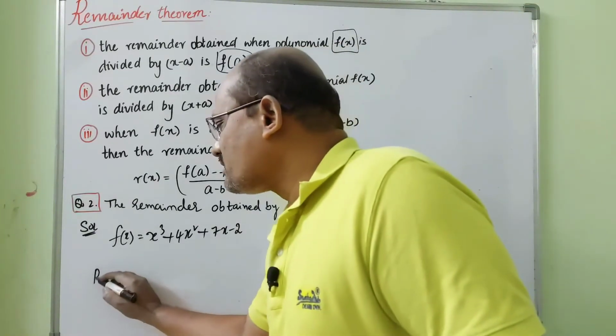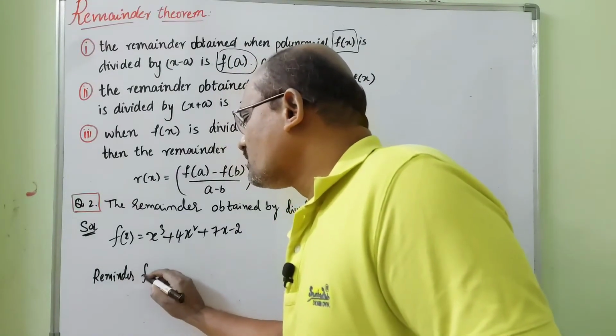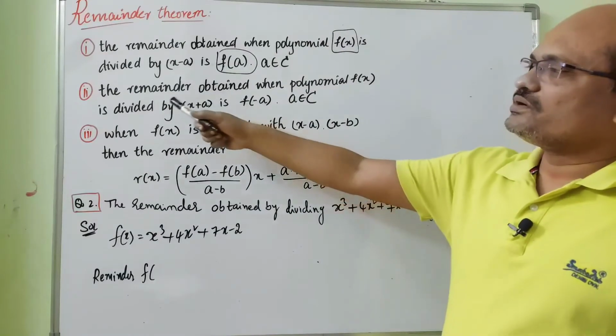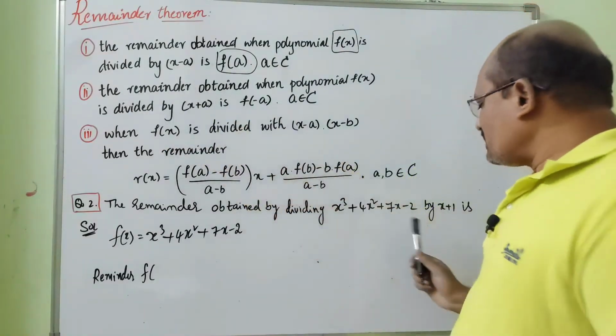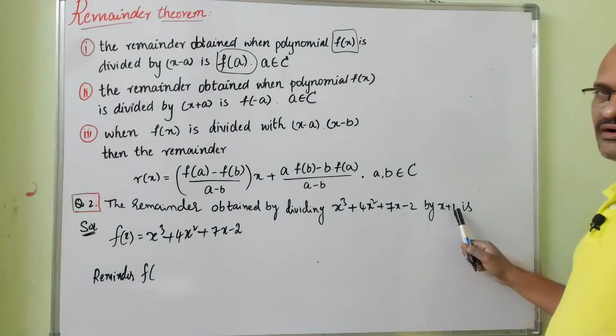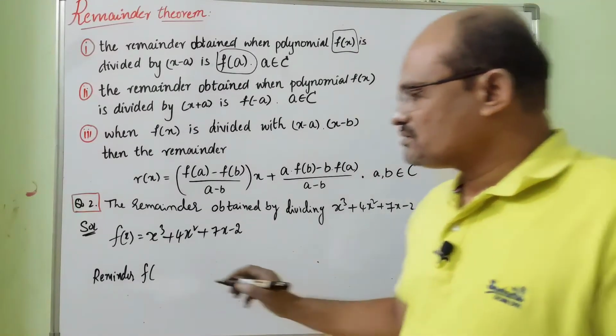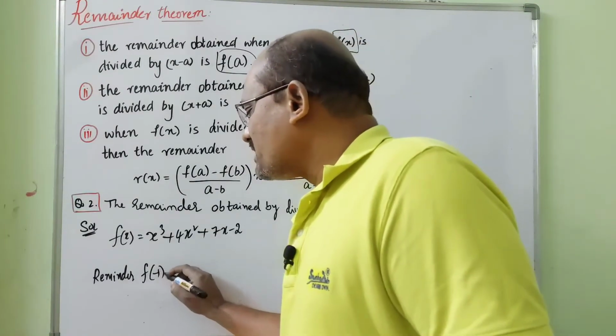Now the remainder, according to the second concept, is f of minus a. x plus 1 equal to 0, so if you take x equal to minus 1, the remainder is f of minus 1.